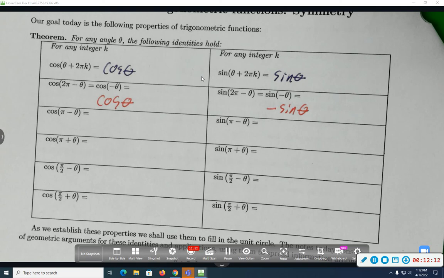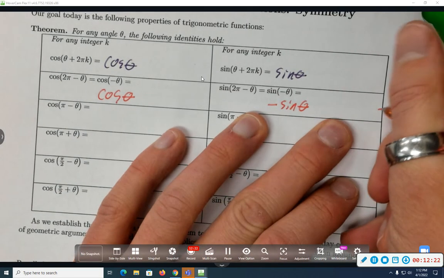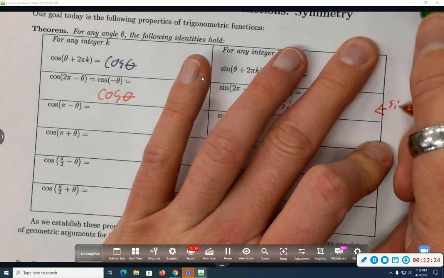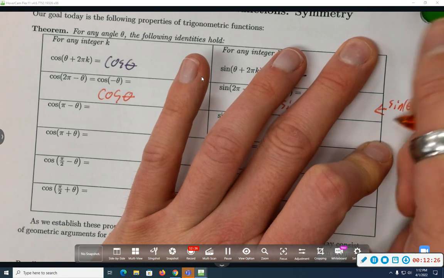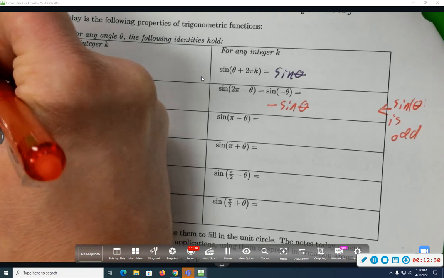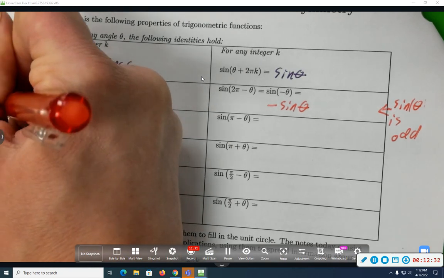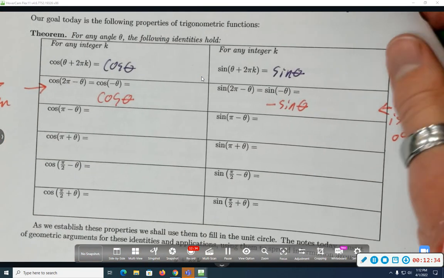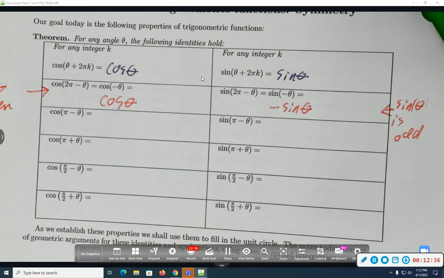Odd. Yeah. Odd functions are functions where you can take the negative sign from the inside of the parentheses or from outside the parentheses. Cool. So sine of theta is odd. Cosine theta is even. Groovy. Let's use that to actually do something.